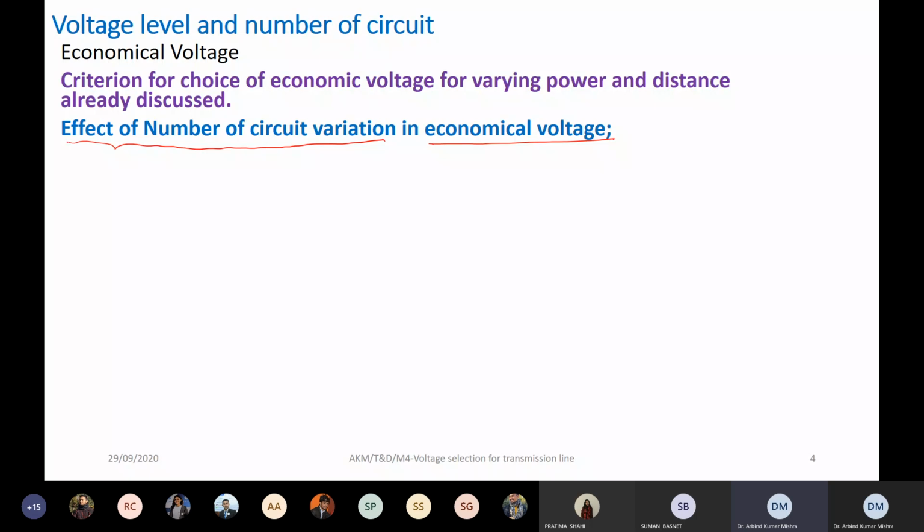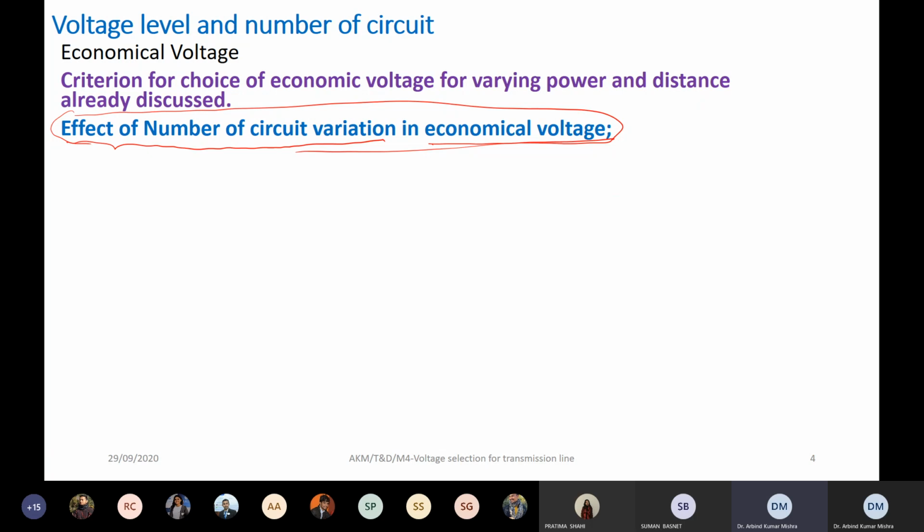In one of the lectures I had started to derive the expression for the cross-sectional area of the conductor required, including the number of circuits, but I thought it might be very complex to start with. That's why I derived that expression only for the single circuit. The basic method to derive the expression is almost the same as for the single circuit. I will just give you some steps, and now you can derive it yourself.